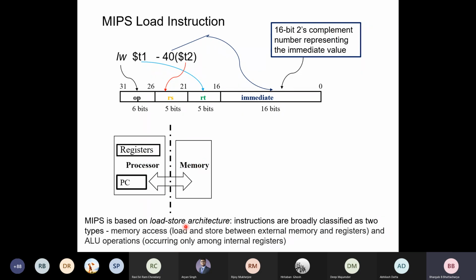So those are load and store. And for ALU operations like addition, subtraction, or logical operations, they involve only internal registers. For ALU operations, you don't have to access memory. You got the point? That's why it is called load store architecture, meaning that all memory access for data is separated.